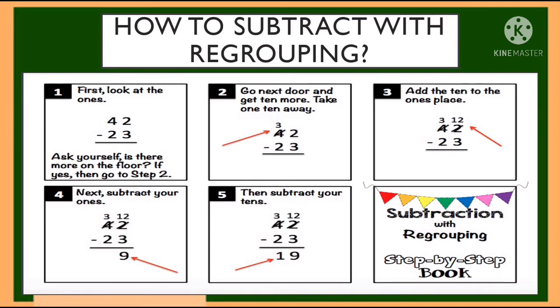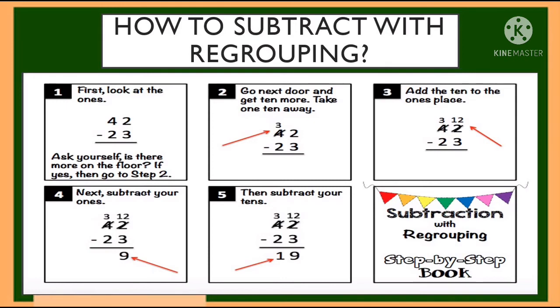After you did that process, then you will now do the subtraction process. Okay, so we have here 12 minus 3, that is 9. Then subtract the other numbers. We have 3 minus 2, which is 1. Did you understand?